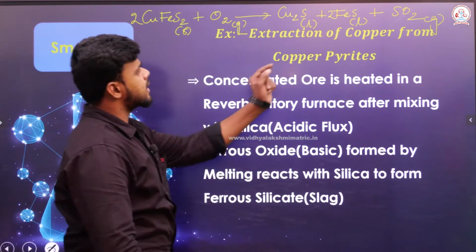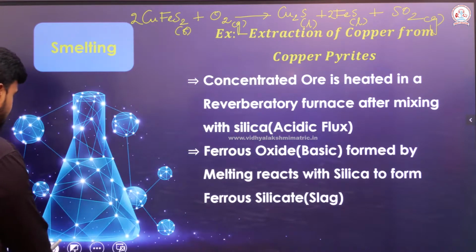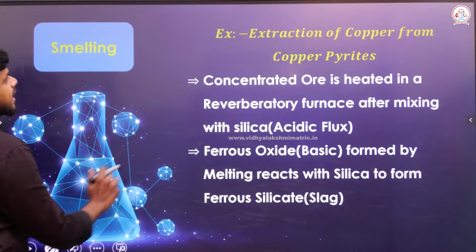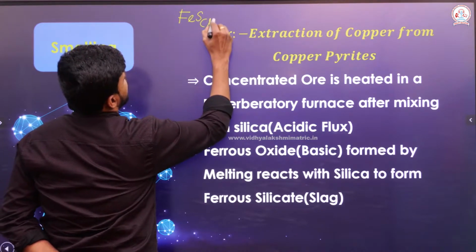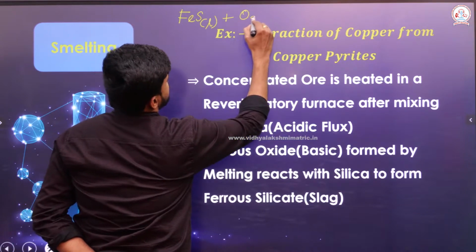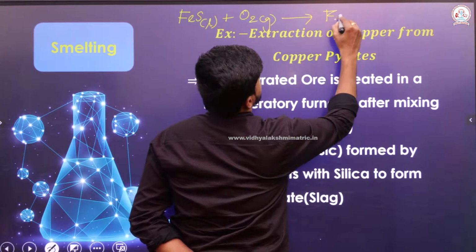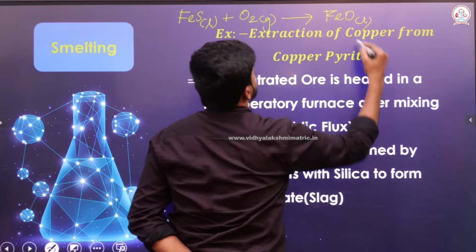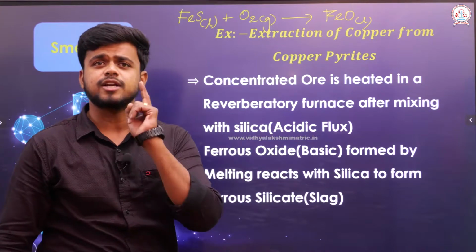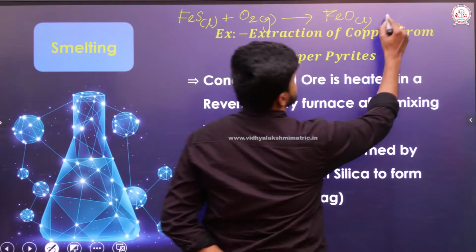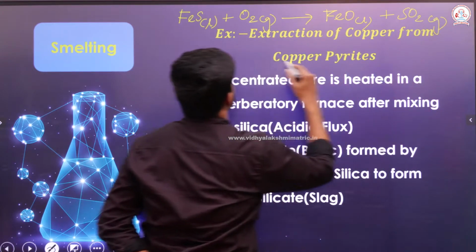Then immediately after, the ferrous sulfide that has been formed here will undergo oxidation again. If the ferrous sulfide undergoes a process called oxidation, it results in the formation of FeO in the liquid state. The sulfur which is present in FeS will take up the oxygen and go as SO2, sulfur dioxide, as a gas, right.